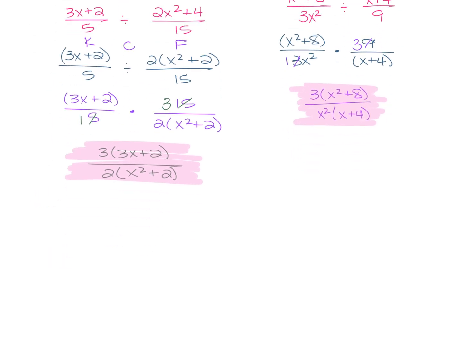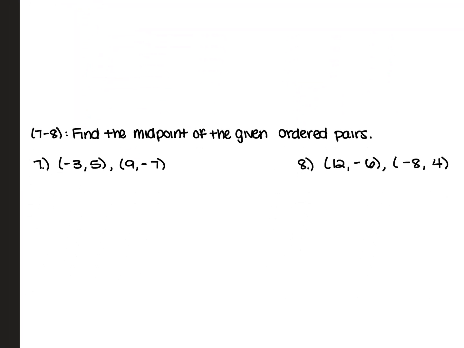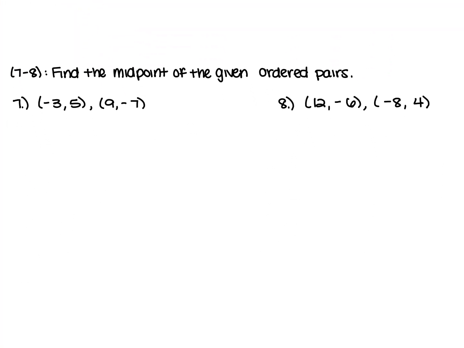For 7 and 8, you are going to be finding the midpoint from the given ordered pairs. Remember, your midpoint formula is (x1 + x2)/2, comma, (y1 + y2)/2. So from number 7, you have (-3, 5) and (9, -7). I'm going to use the negative 3 as x1, 5 as y1, 9 as x2, negative 7 as y2.